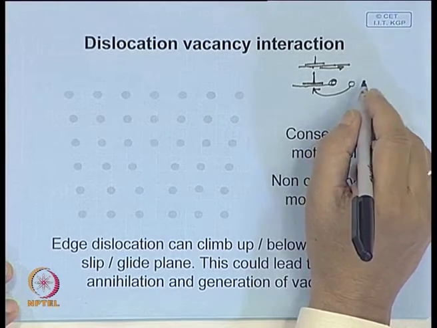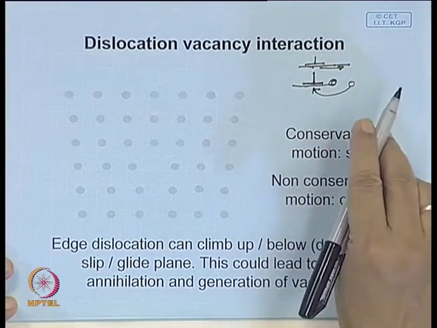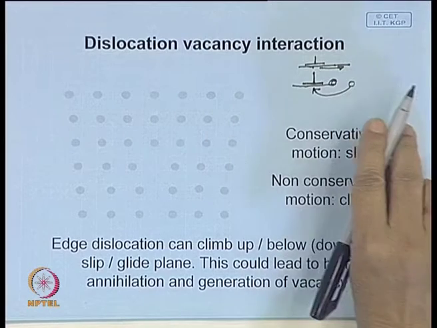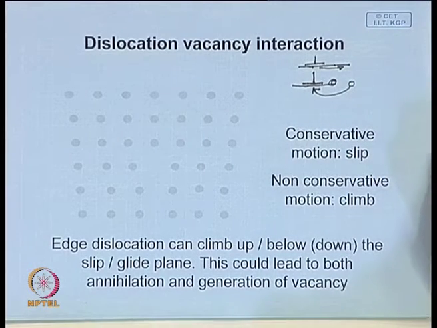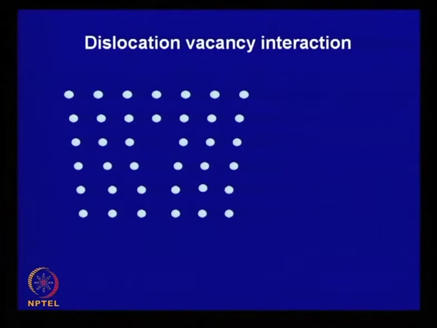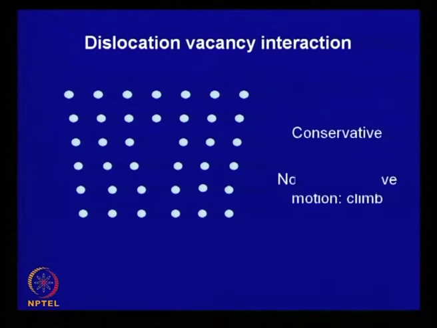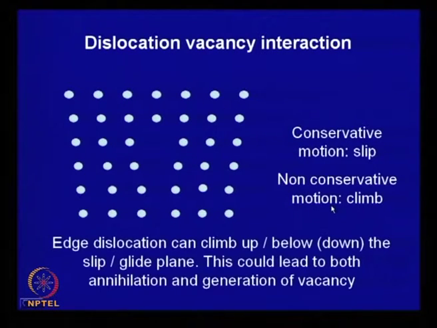This movement is called non-conservative motion of dislocation, whereas glide is called the conservative motion of dislocations. Conservative motion is a slip process, and non-conservative motion is a climb process. Now, which dislocation can climb?